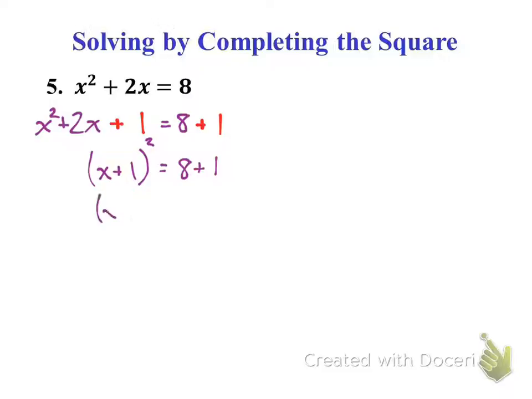Simplify that right side. And then take the square root on both sides. You cannot forget the plus or minus. When I take the square root of 9, it's plus or minus 3. Subtract 1 on both sides. And realize you get 2 answers.